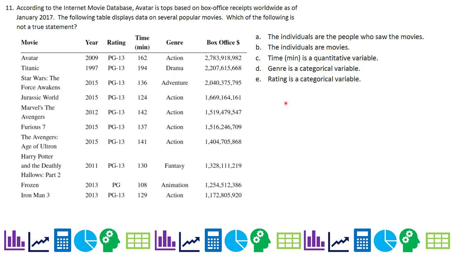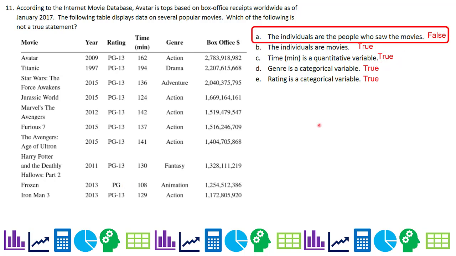So the individuals are not the people, and we would argue the individuals are actually the movies. Time is quantitative. Yes, these are numbers. Genre is categorical. Yes, these are not numbers. Rating is categorical. Yes, you can see these are PG-13. Oh, there's a PG. Frozen did very well. So the only statement that's false is A, and that's our answer.